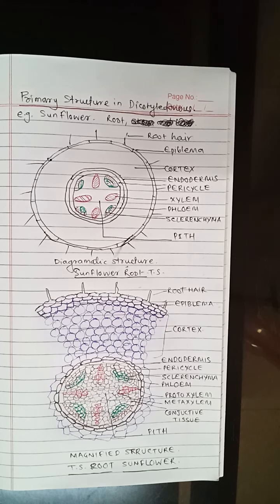As there are 4 groups of xylem as well as phloem bundles, the condition is called tetrarch condition. The tissue present between the xylem and phloem bundles is parenchymatous, called conjunctive tissue, and opposite to each phloem bundle towards the endodermis or pericycle, thick-walled tissue, that is sclerenchyma, is present. These are the characteristic features of sunflower root.